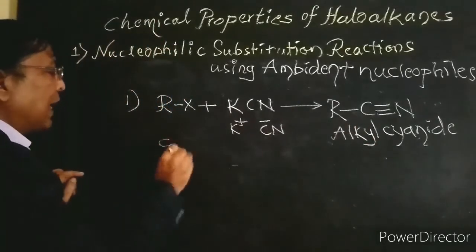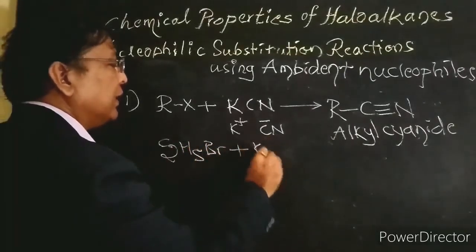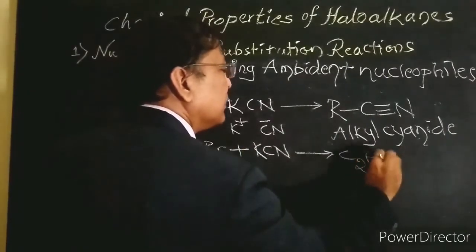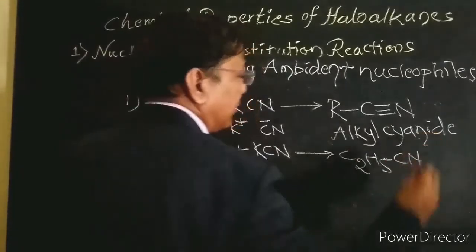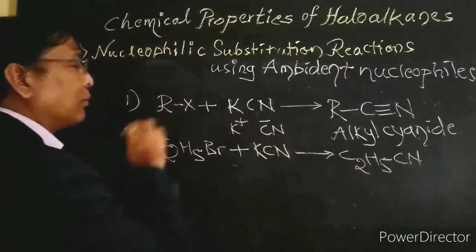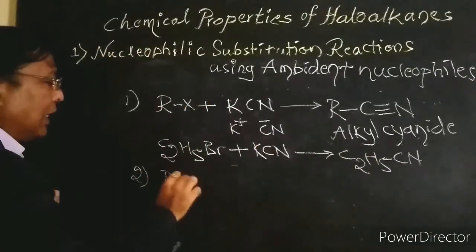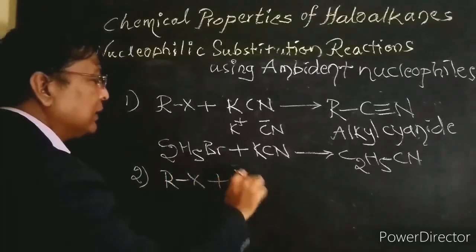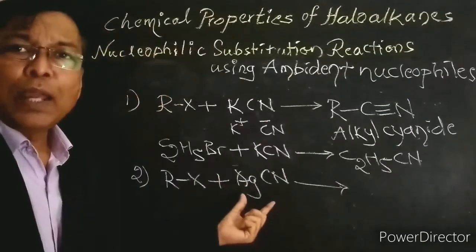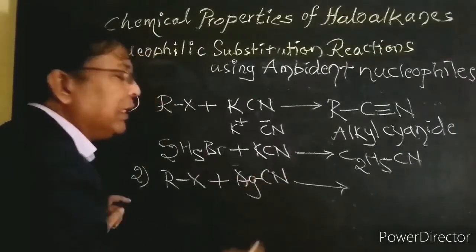If we take for example ethyl bromide, if it is reacted with KCN, definitely we are going to get ethyl cyanide, C2H5CN. That means the bond is formed from the nucleophilic center carbon. If we take alkyl halide and react it with silver cyanide, AgCN, the very important point we have to remember is that the bond between silver atom and this carbon is covalent in nature.